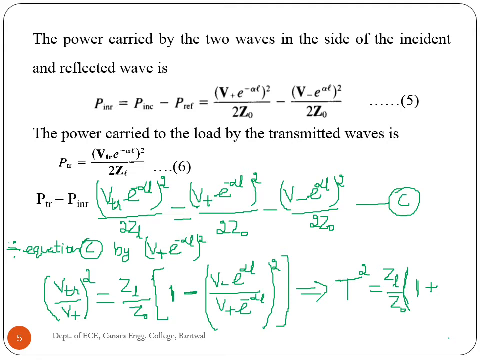Reflection coefficient is the ratio of the reflected voltage to the incident voltage at the receiving end. This is the square of the transmission coefficient equation.